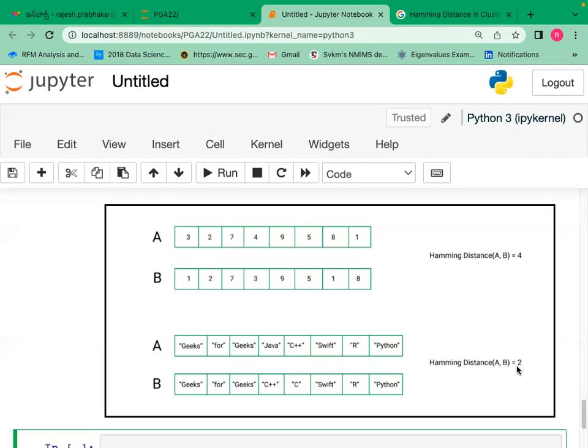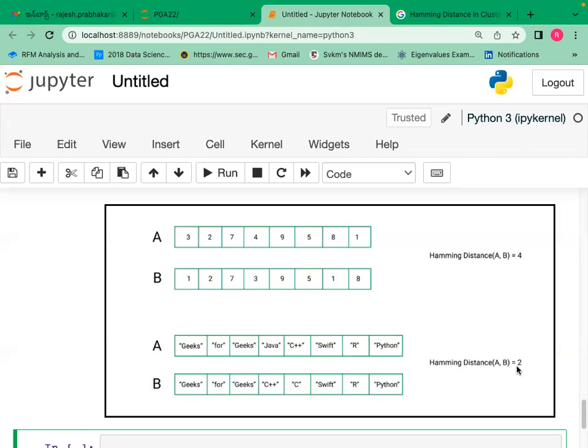When you are doing k-means clustering on text, on our NLP data, tweet data, or any other NLP data, the distance is Hamming. Hamming must be used. For numerical data, any of the metrics, Manhattan, Euclidean, Mahalanobis, can be used, and it's always better to scale.